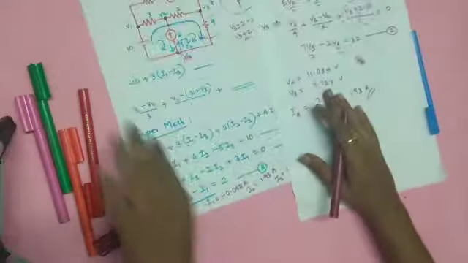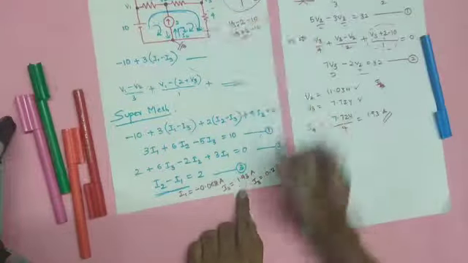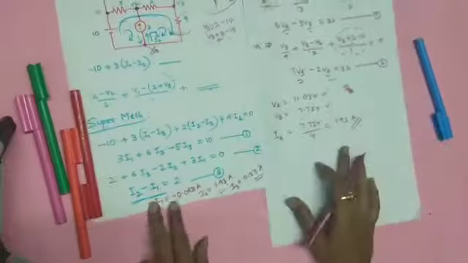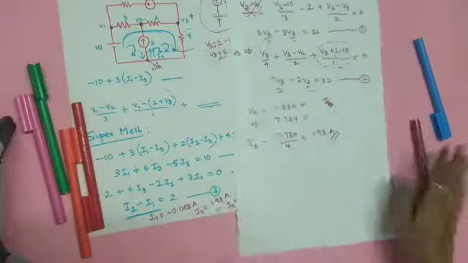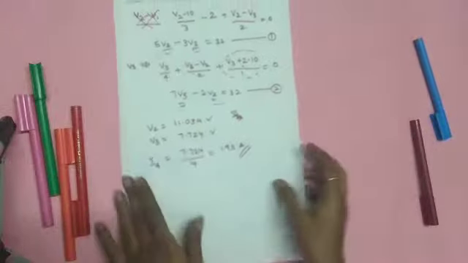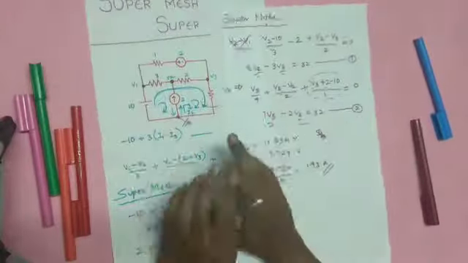And what about the supermesh? Yes, the current through the 4 ohm resistance is I2, that is 1.93 amperes. Both are the same, and hence it's proof that I didn't mess up any equation and the currents are the same. So this is how you need to solve problems using supermesh and supernode.